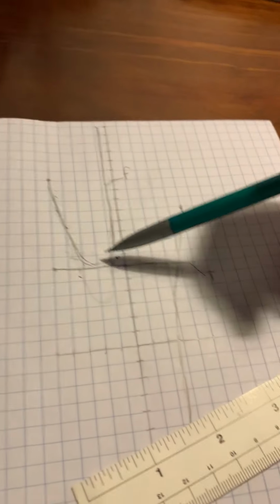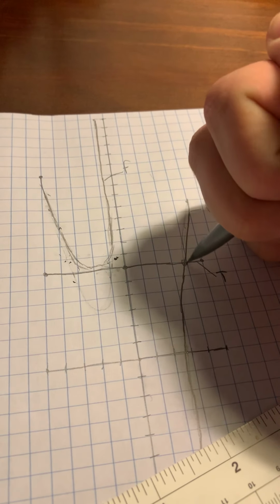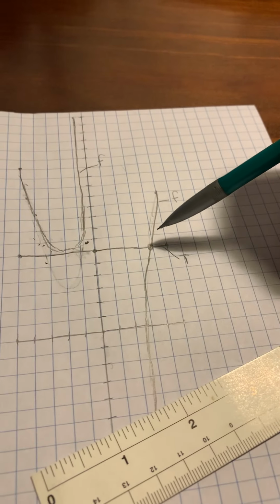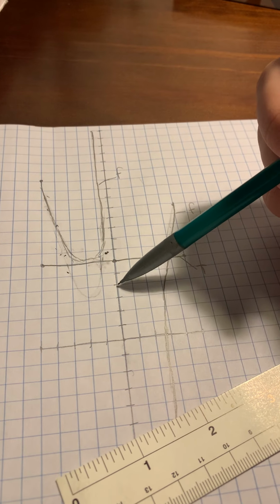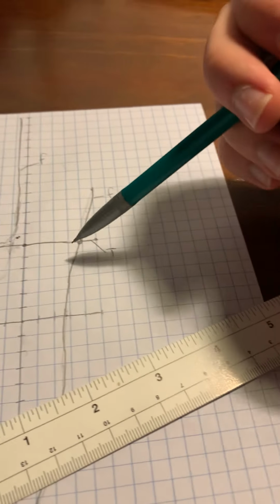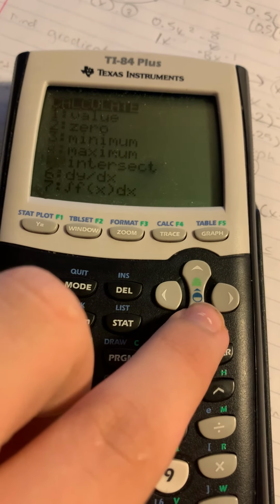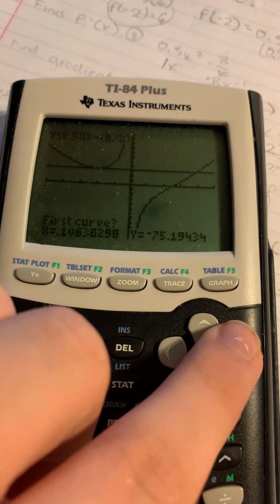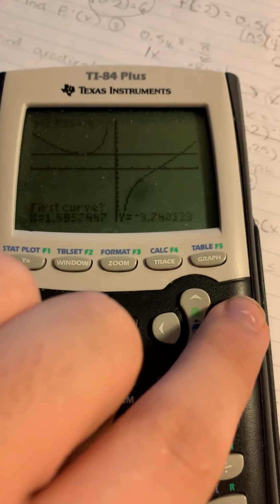So basically, since they don't intersect right there, I am finding this intersection right here, which looks somewhere around 4, 6-ish, but I'm going to go in my graphing calculator and solve. So second, trace, and then I'm going to go to 5, which is intersect, enter.